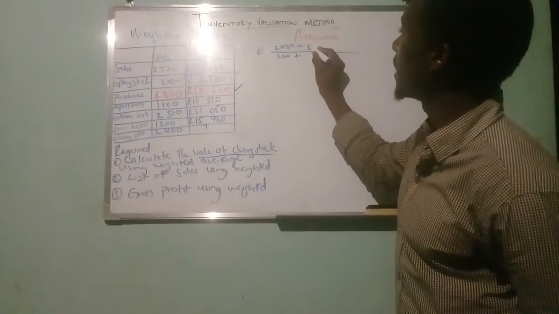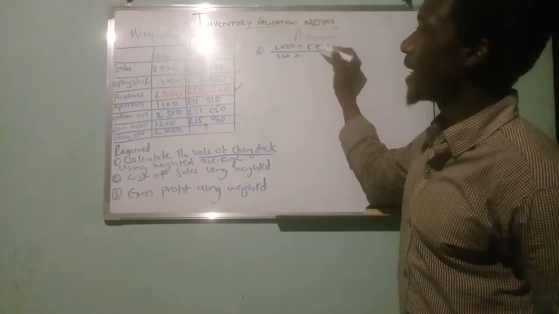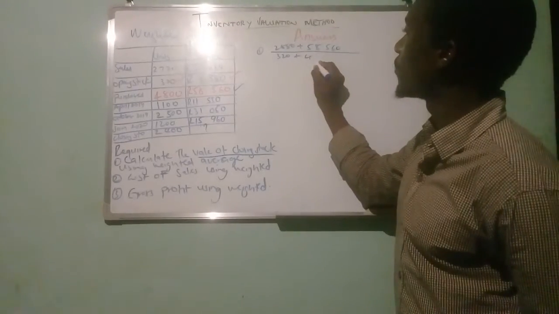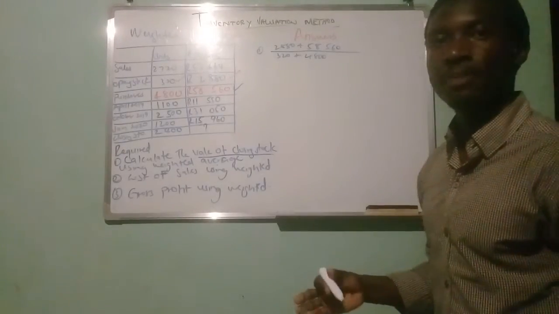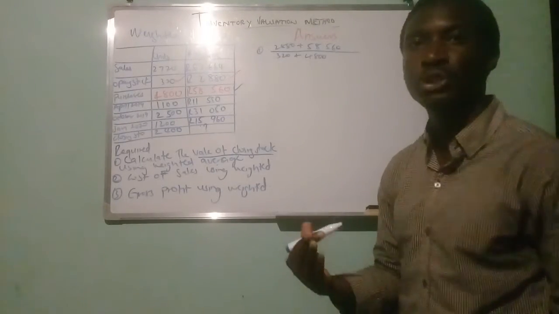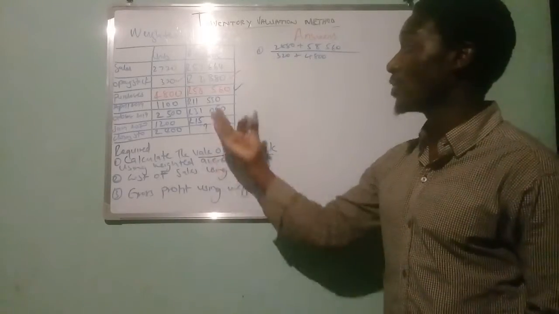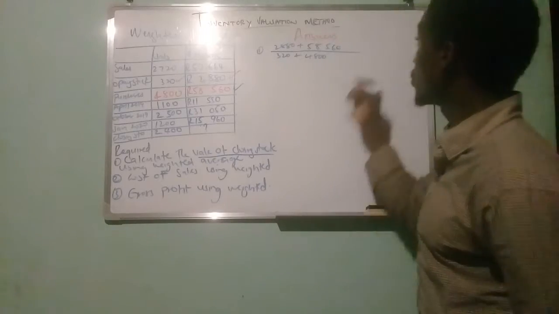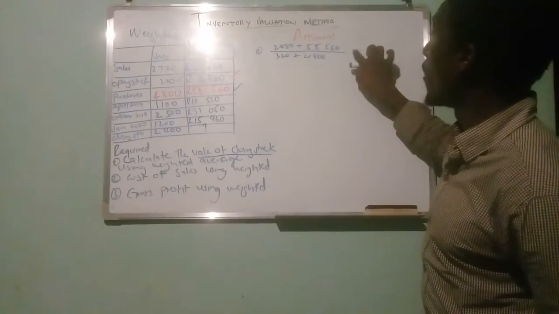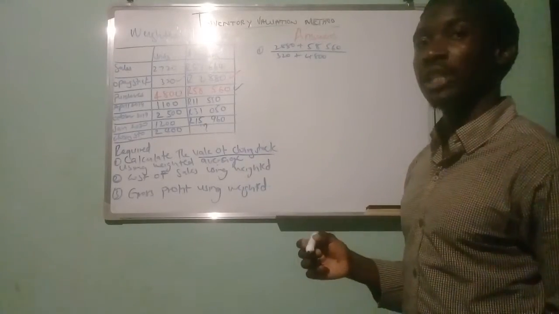Our purchases are 58,560 and the units we purchased are 4,800. From here we are supposed to add carriages and import duties, but we don't have those. We are supposed to minus returns, but there is no adjustment indicating that we should subtract returns. So this is how our average cost should look.